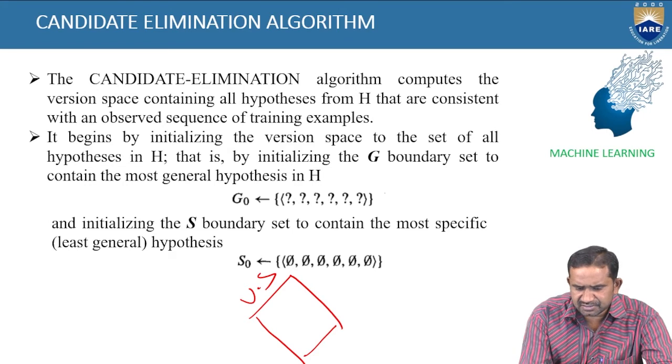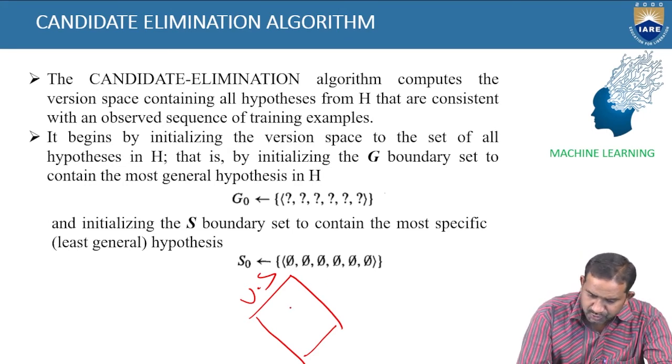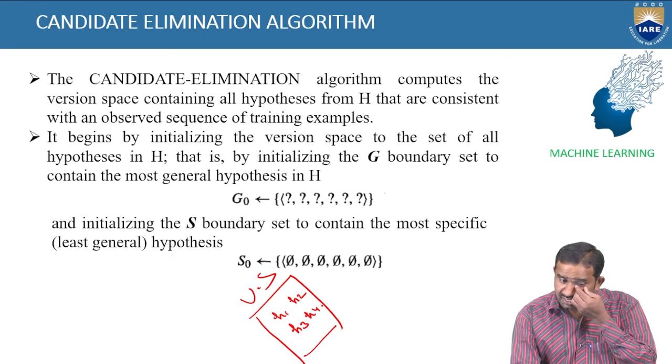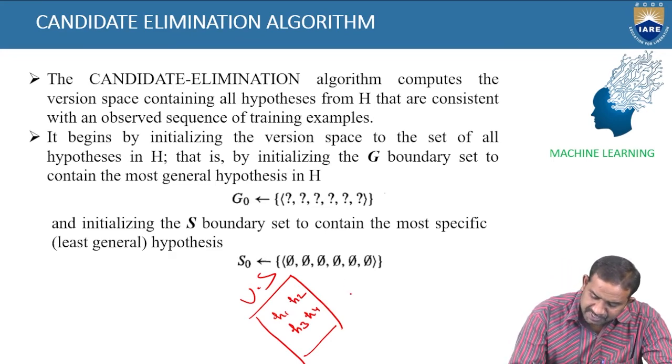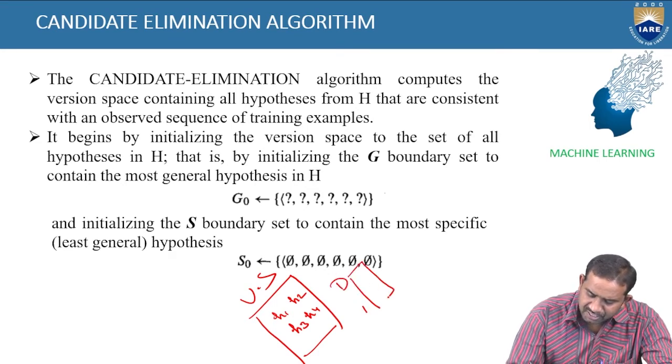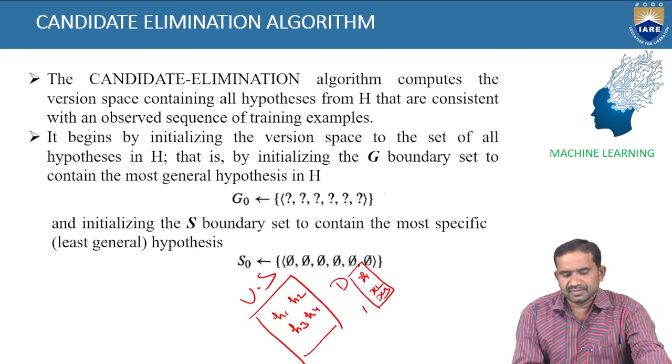It contains all hypotheses, H1, H2, H3 as well as H4, that are consistent with the observed sequence of training examples. The training examples are denoted by capital D, with some attribute values, training examples X1, X2 as well as X3.